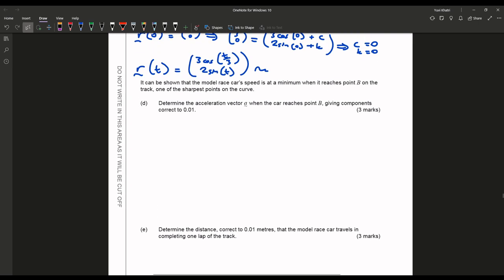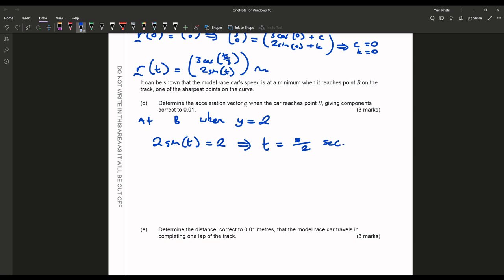So the j component of the position vector is 2: 2 sine of t equals 2. Solving that, we get t equals pi over 2. So at t equals pi over 2 seconds, the car will be at point B.